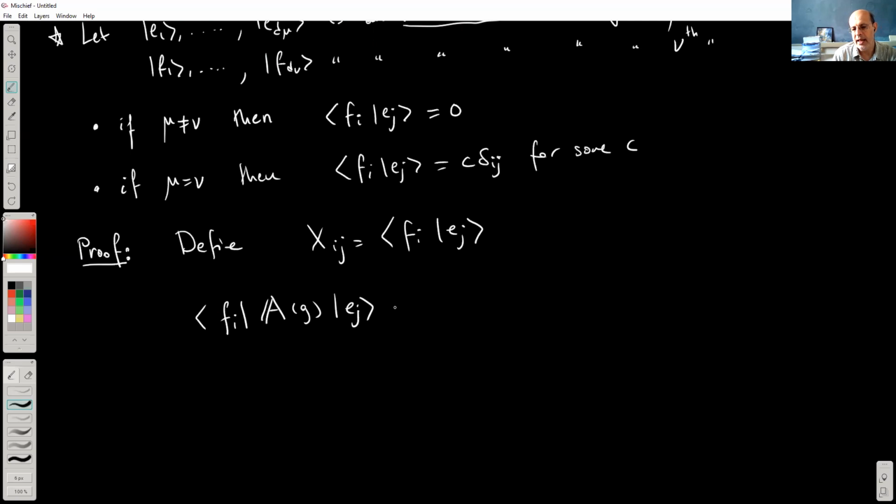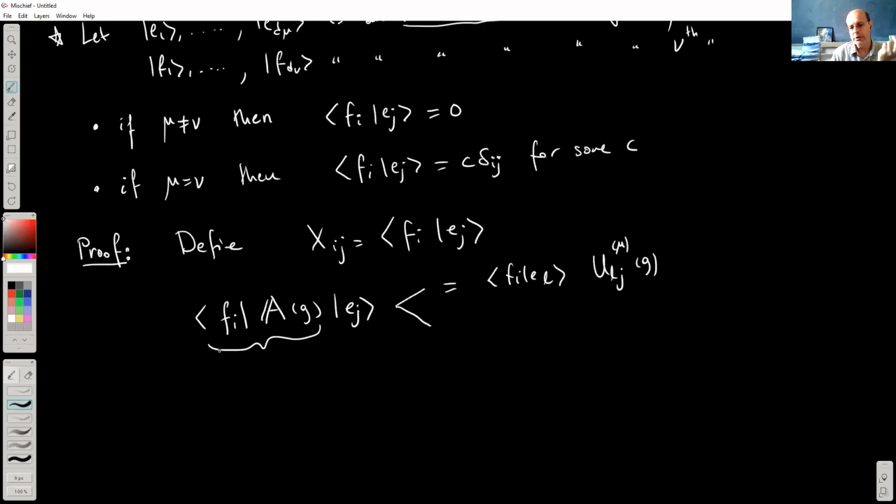I can expand this in two different ways. First of all, I can think of it as A applied on E_j, so this is going to be the sum over l of F_i E_l times U_lj of mu of g. Then you can look at it another way: A of g is applied on this F_i in the opposite way.